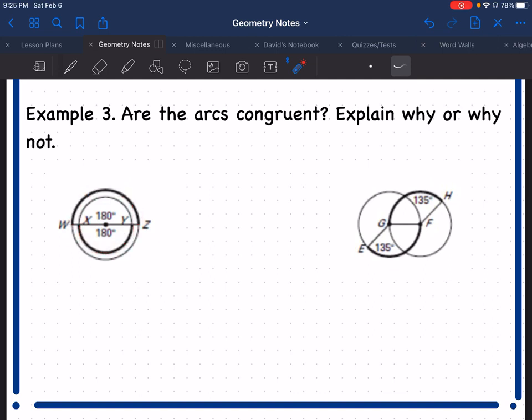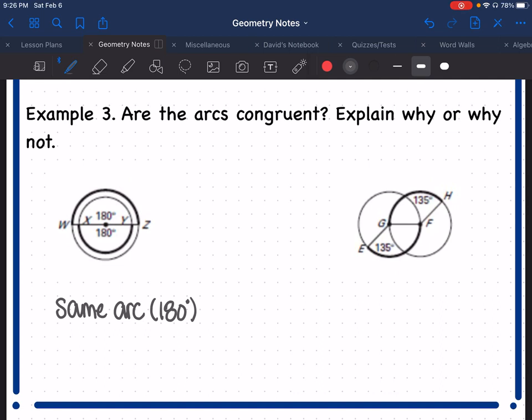Well, I can see right here that they both are 180 degrees. This means that they match. They have the same arc, 180 degrees, because that's one really good fact.